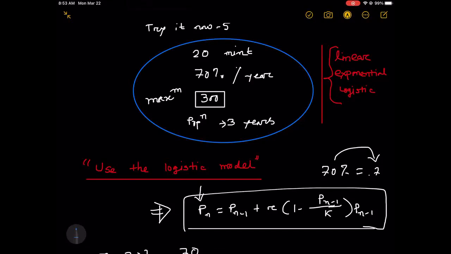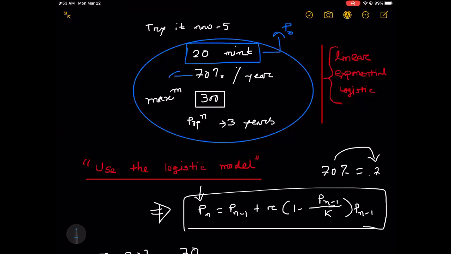So if the question says your initial population is this, or we started with this population, it could be rephrased using different words, then it should be your P naught.